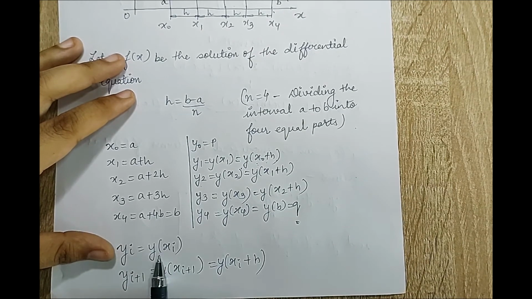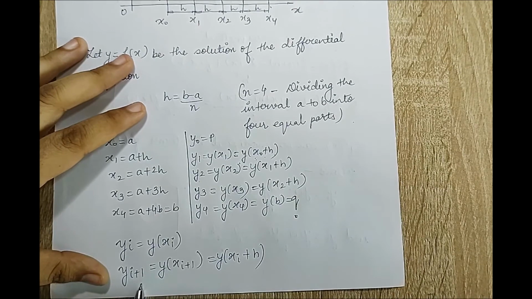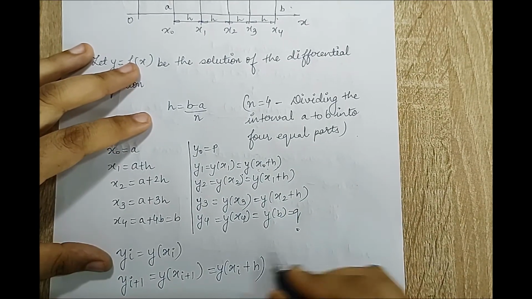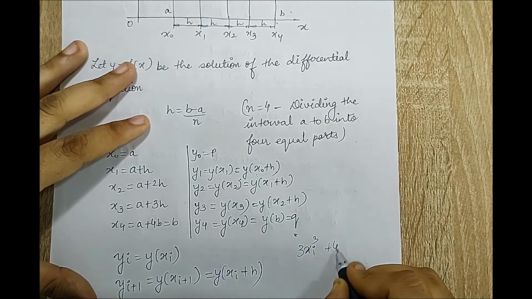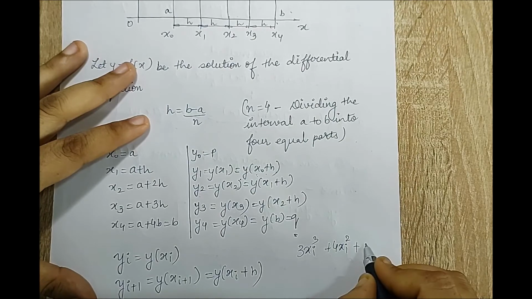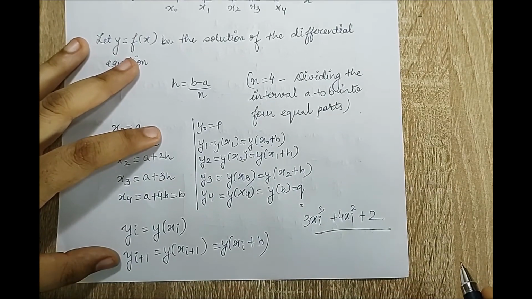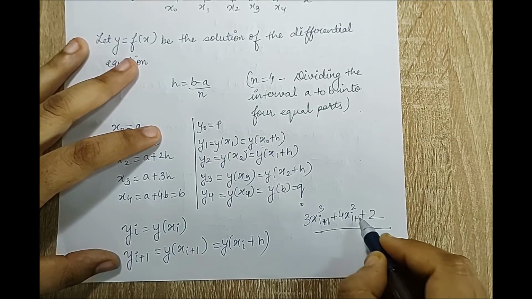It is just a linear algebraic equation which you can write. Similarly, if you want to write yi plus 1, again you can write a linear algebraic equation. Now, when I say y is xi, I can say it as 3xi cube plus 4xi square plus 2. This is an equation for yi. Suppose I write in terms of i plus 1 here. That's it.